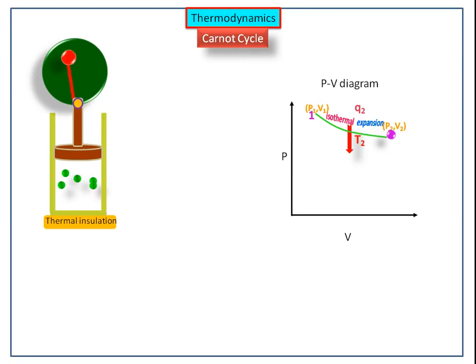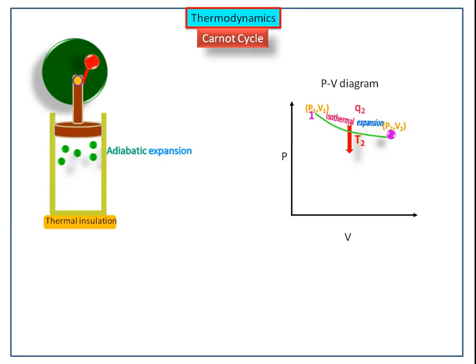Then the piston is expanded, so the gas experiences adiabatic expansion and its position is marked as 3. Here the pressure and volume are P3 and V3. The work done for an adiabatic expansion is minus W2 equal to minus nCV (T2 minus T1).